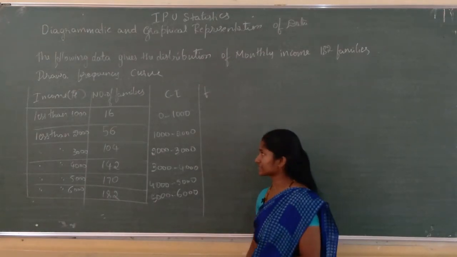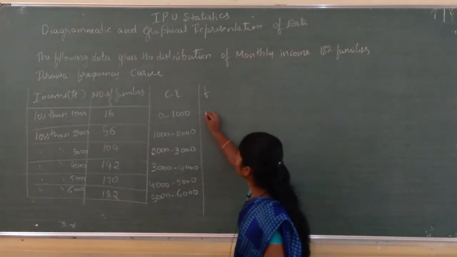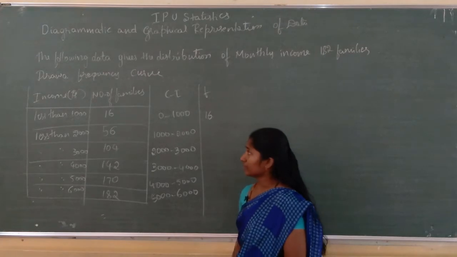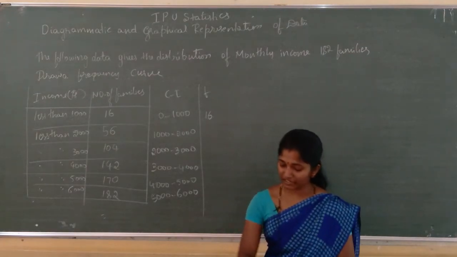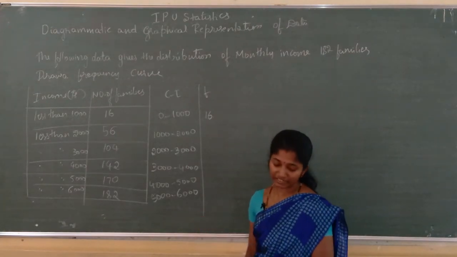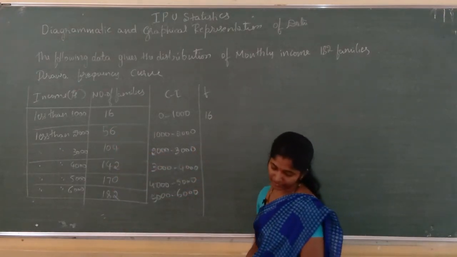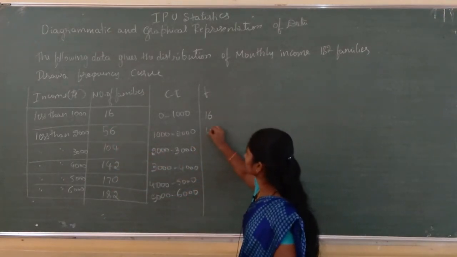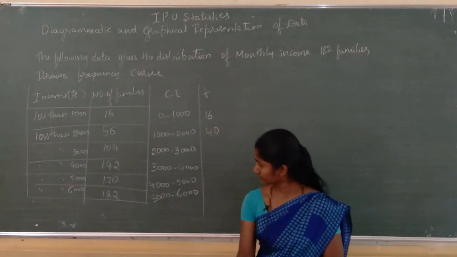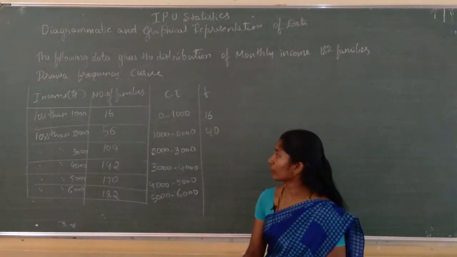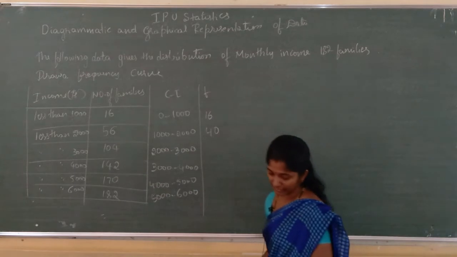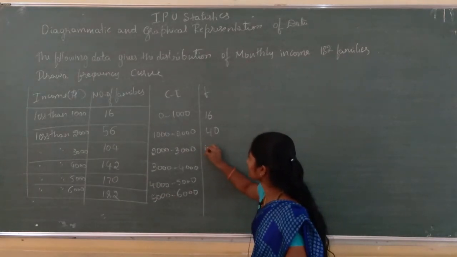into simple frequency. See, first one is 16, write as it is. Next one 56 minus 16, that is 40. Then 104 minus 56, that is 48.